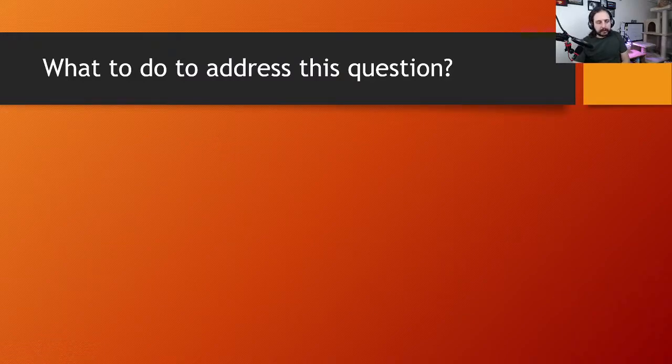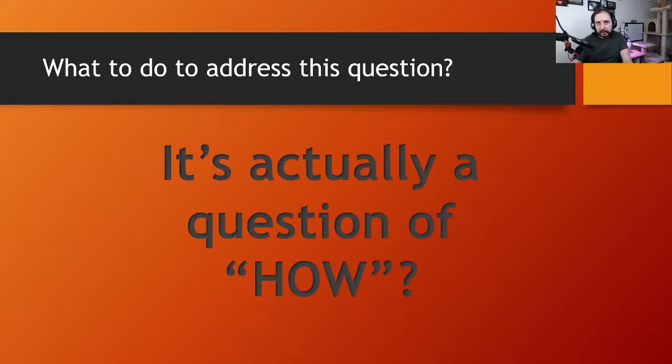So okay, but how can we address this question? I want you to concentrate on the question of how, but not actually what. What I did is not really important, but how I did it is kind of important.